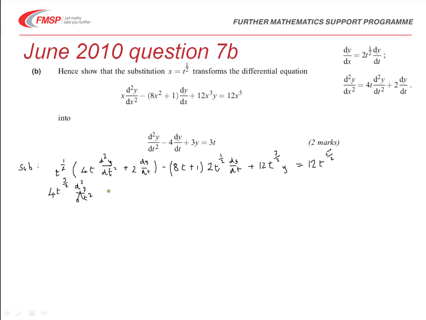And then we get a plus 2t to the half times that 2 dy by dt, but we can see here we've got a minus 2t to the half dy by dt, so those two are going to cancel out, and all we're left with is the minus 8t times this, so that gives us minus 16t to the 3 over 2 times dy by dt.